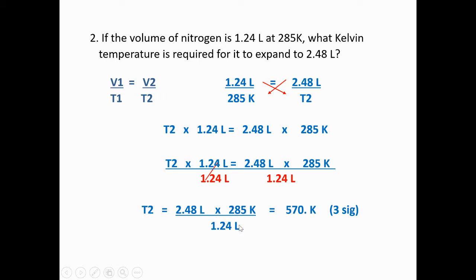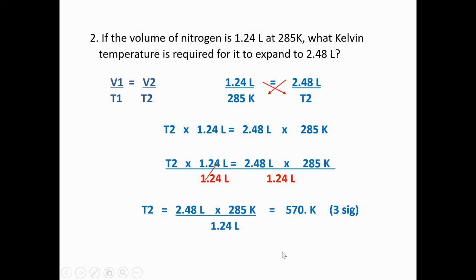Put that in your calculator, and you get 570 K. Note the point after the 570. My numbers have 3 sig, so my answer has to have 3 sig. Excuse me, if I did not have that point there, it would only have 2 sig, which would not be correct.